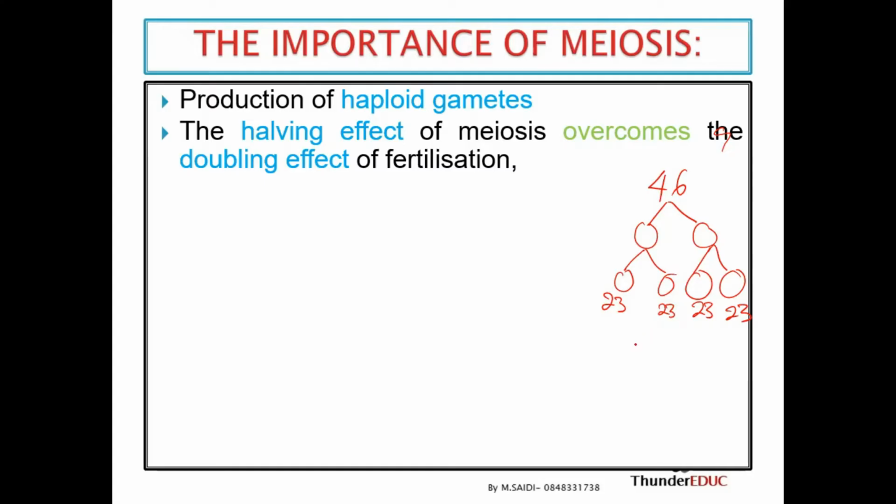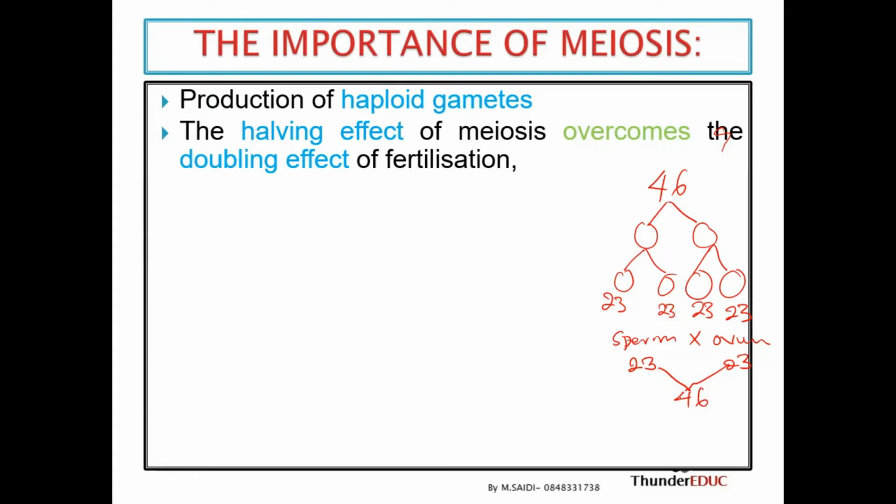Now, for example, a sperm fuses with or fertilizes the ovum, and these are gametes, remember. Then this is 23 and also this is 23. So when they fuse during the process of fertilization, you go back to 46. So this is fusion, this is fertilization.